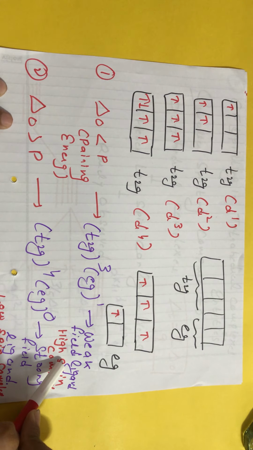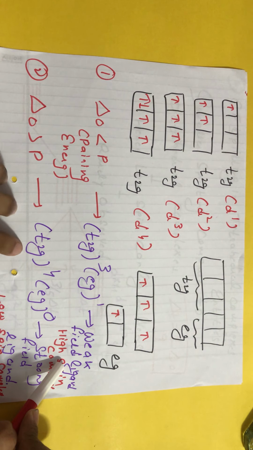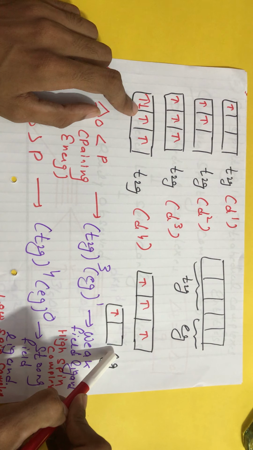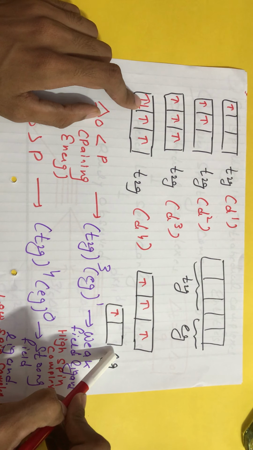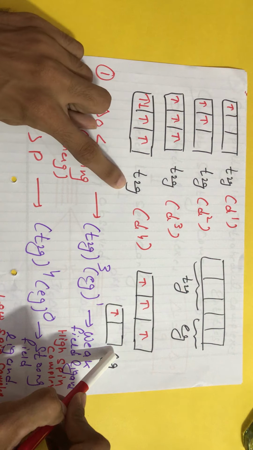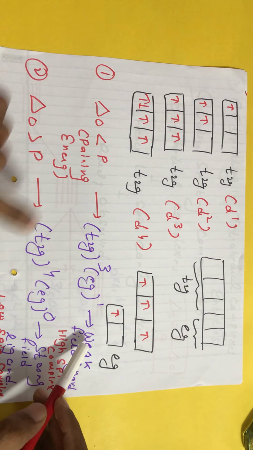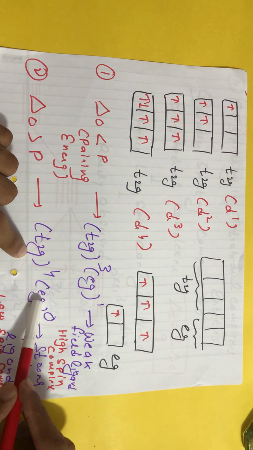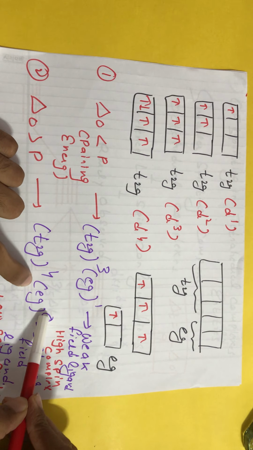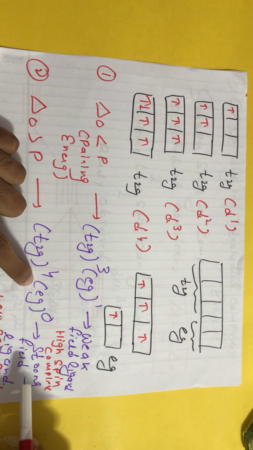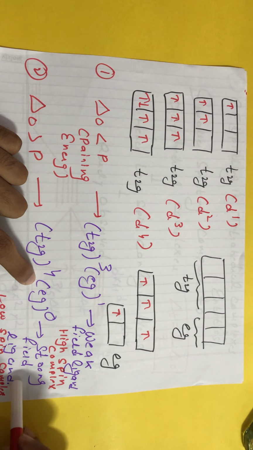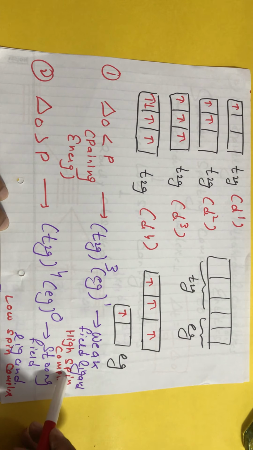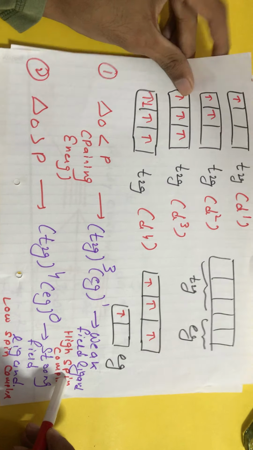But if the octahedral splitting energy is more than the pairing energy, then the electron will not go to the eg orbital but will remain in the t2g orbitals only, so the configuration will be t2g4 eg0. There is no chance of the 4th electron going into the eg orbital. So it is called a strong field ligand, and it forms a low spin complex. This forms the low spin complex, and that forms the high spin complex.